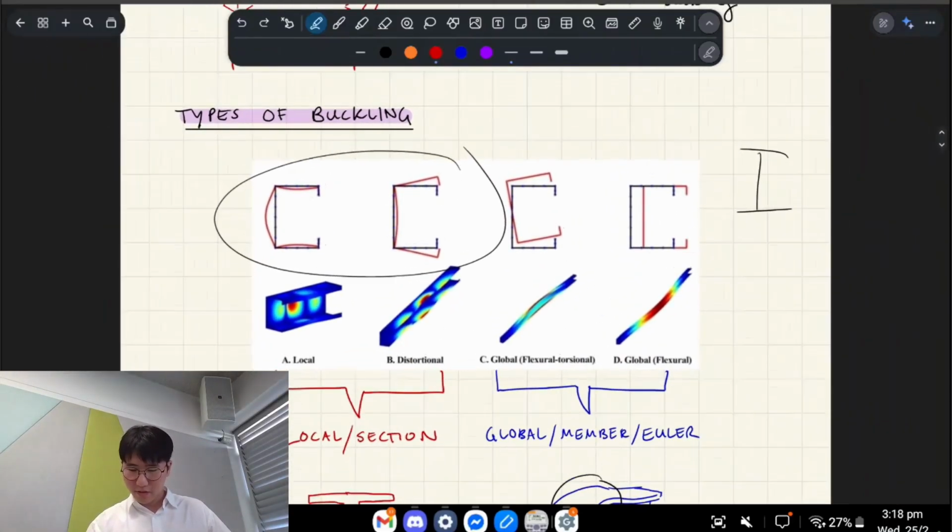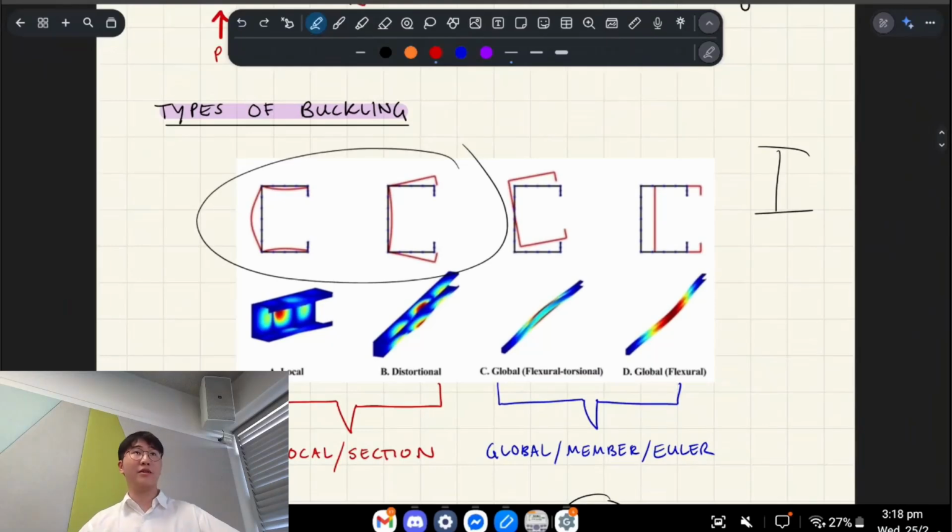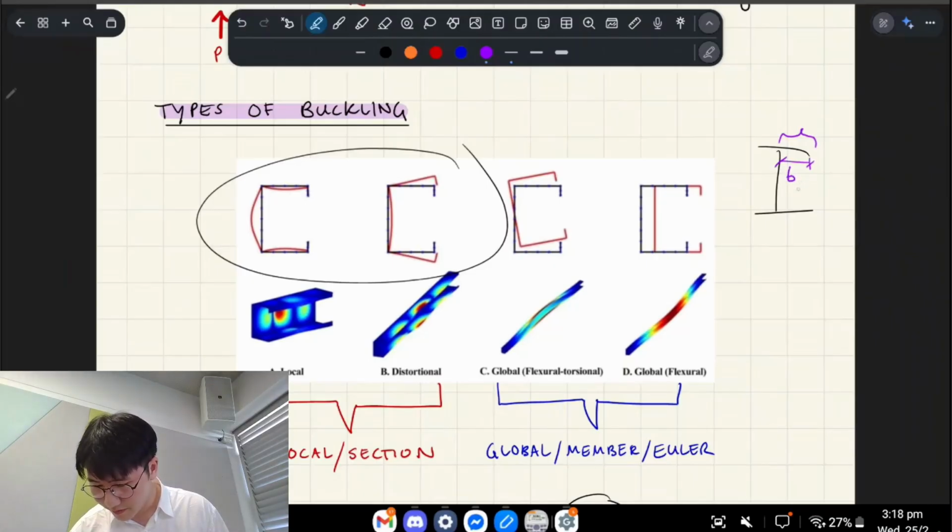And then there's global buckling. Global buckling is more what's happening from what I'm showing you here. It's where over the entire length of your member it starts to buckle out. Whereas for local buckling, that's one flange, for example. Say that flange has width of flange or whatever, and here is TF, the thickness of the flange.